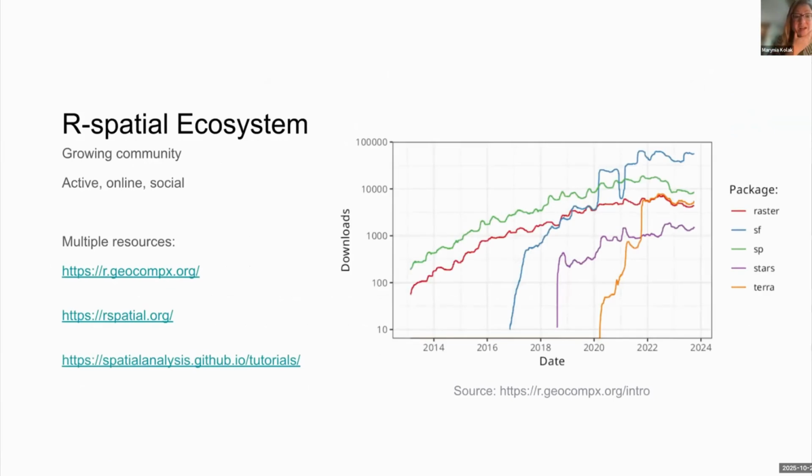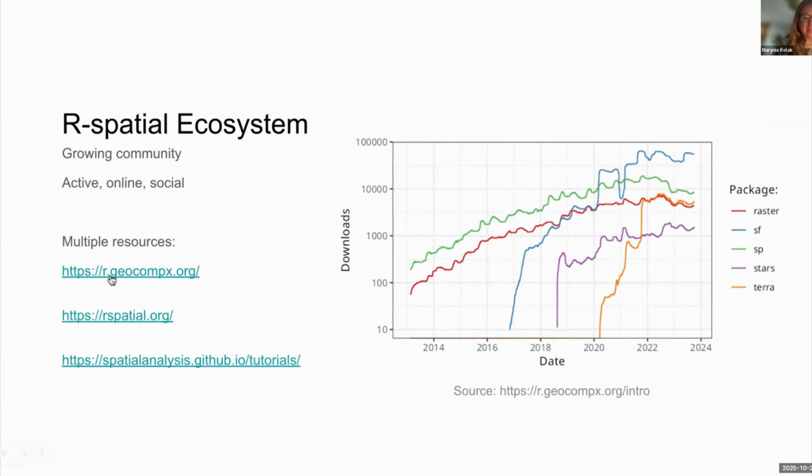And why are we using the R-spatial ecosystem? Well, it's a very positive, collaborative, active community. It's a growing community. It's online, it's social. If you have questions, there's a lot of folks throughout the internet that are eager to help and support. There's also multiple resources available.